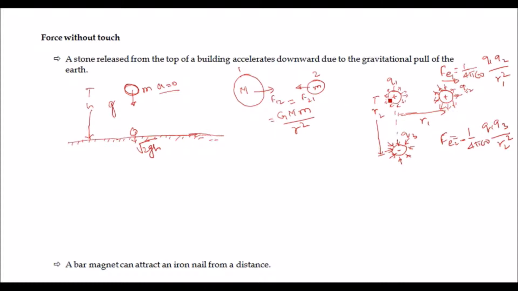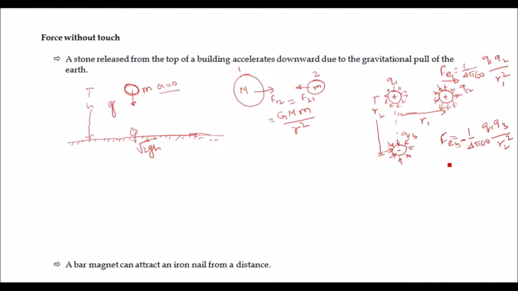Third, I have shown the figure where a positive charge q1 attracts a negative charge minus q3. These two charges are placed at a distance r2. Then the force experienced by this charge q3 is equal to F_E3, and it is equal to minus 1 by 4 pi epsilon naught q1 q3 by r2 square.